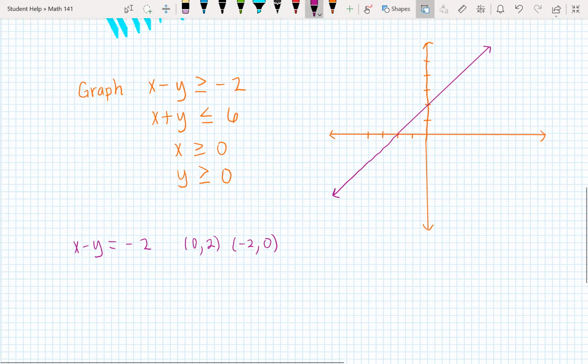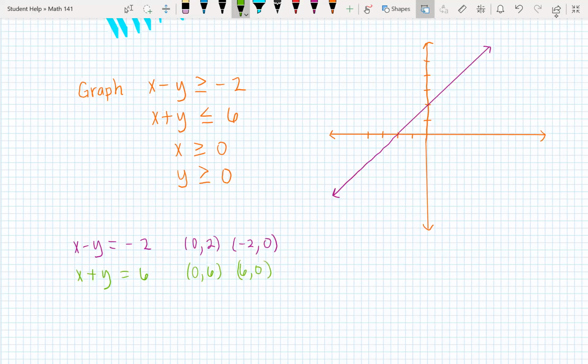And then our second line, I'll make it a different color. It's going to be x plus y equals 6. So we'll have 0, 6, and 6, 0. So that line is going to be, let's see, 1, 2, 3, 4, 5.